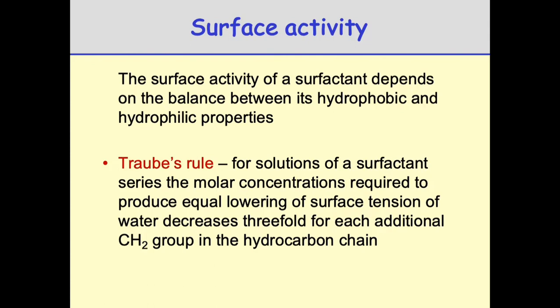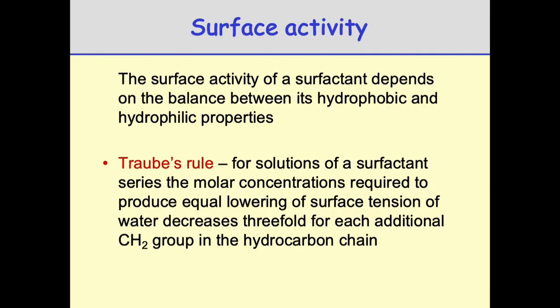Now, Traube's rule is a rule for looking at a simple surfactant series where you have a basic hydrocarbon chain as your hydrophobic part of the molecule connected to a head group. And so you can change the properties of that surfactant just simply by changing the length of the hydrophobic part of the molecule, so the length of the hydrophobic hydrocarbon chain.